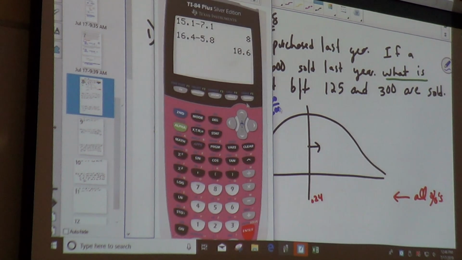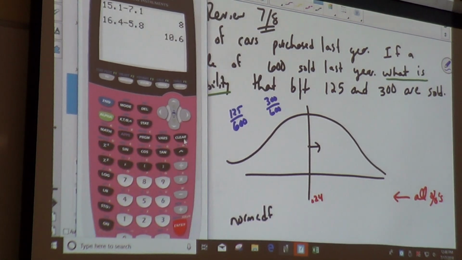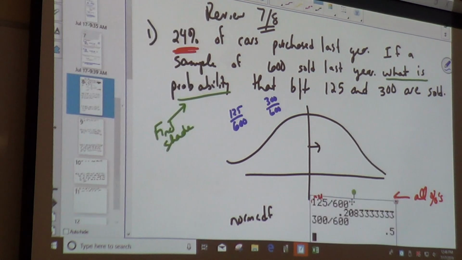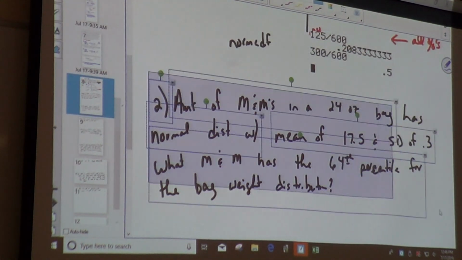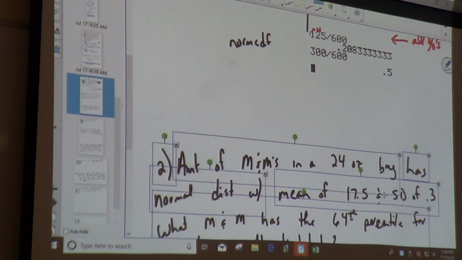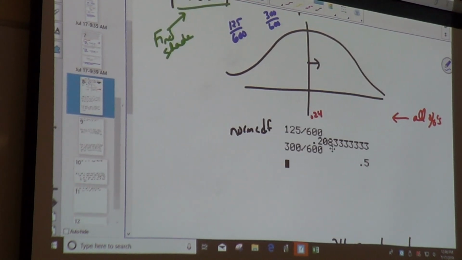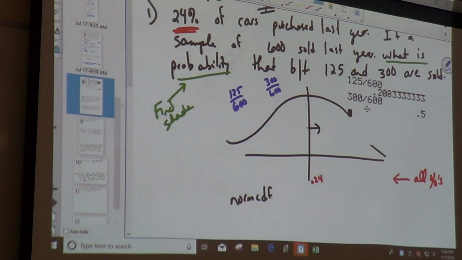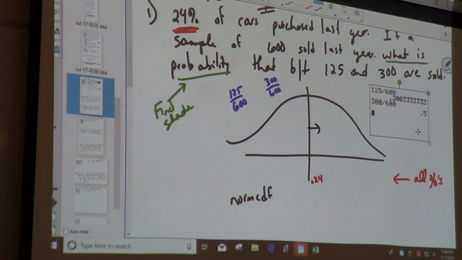So I'm going to go to my calculator and I'm going to do 125 over 600 and 300 over 600. So my two percentages are going to be like 0.2083 and 0.5.